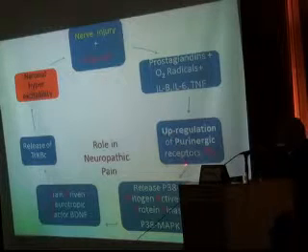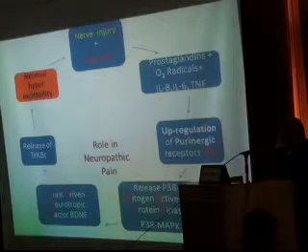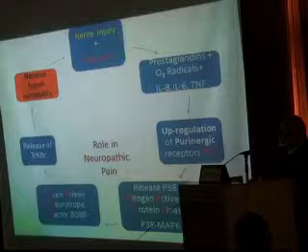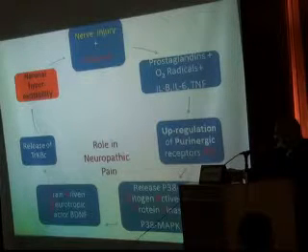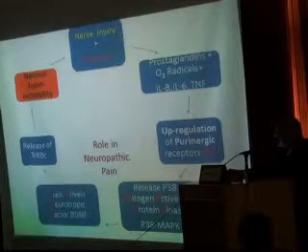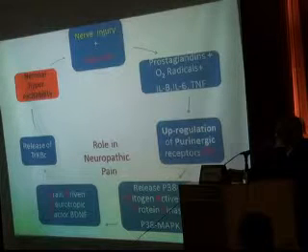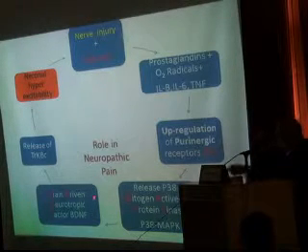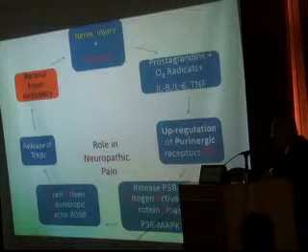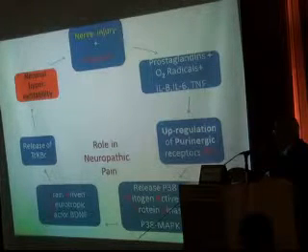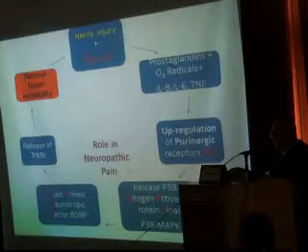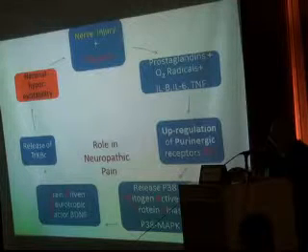They lead to the release of more biochemical reactions like mitogen-activated protein kinases, and then brain-derived neurotrophic factor.